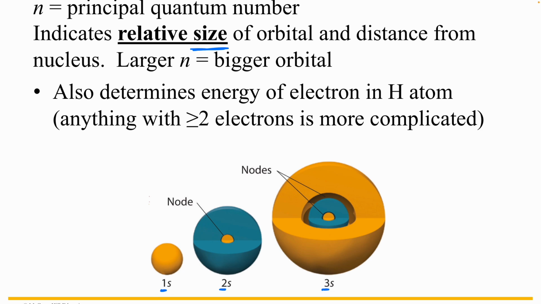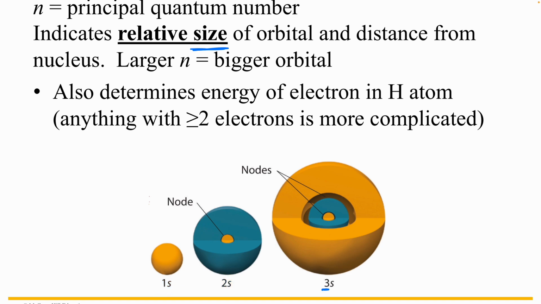It's just a bigger orbital. So if we go back to our electron configuration for lithium, 1s2, 2s1, it means there are 2 electrons living in a little sphere, and 1 electron living in a larger sphere. So the size of our orbital increases as we increase that principal quantum number.